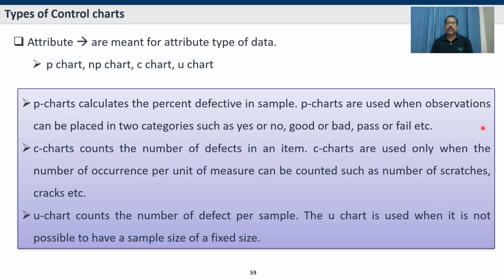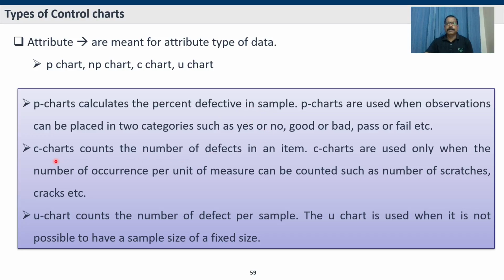Only two alternatives you will be having. But in terms of variables, you measured it, right? Diameter or width, length, kind of thing. But here decisions are defectives, yes or no, good or bad, pass or fail. That is the P chart, mainly the percentage of defective.